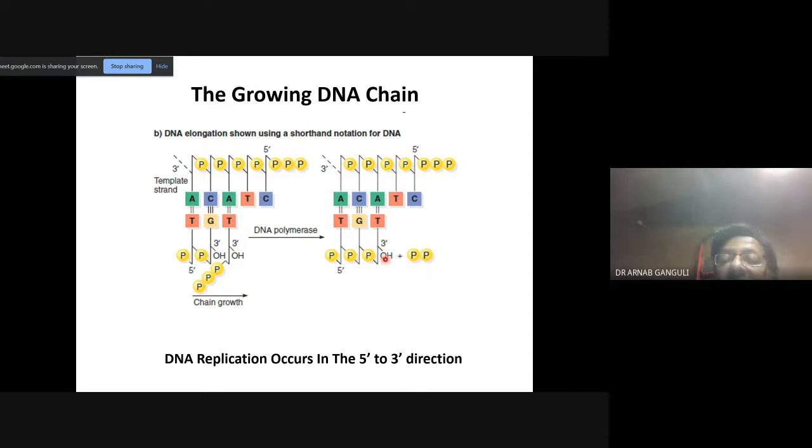Gradually, the 3' OH of another one attacks, you have this OH formed over here, and this pyrophosphate is removed. This is the 5' phosphate, 3' OH, and pyrophosphate. Okay, so this is the shorthand notation.